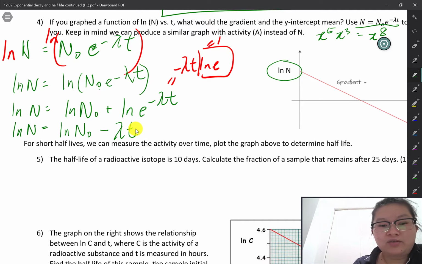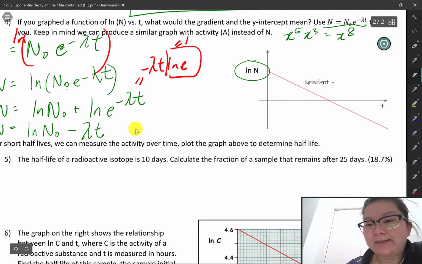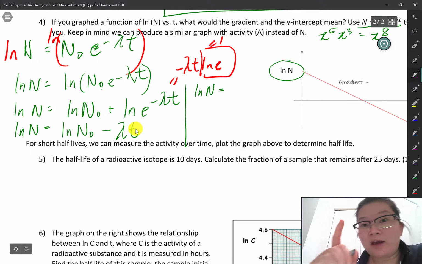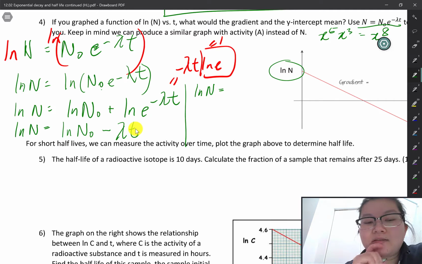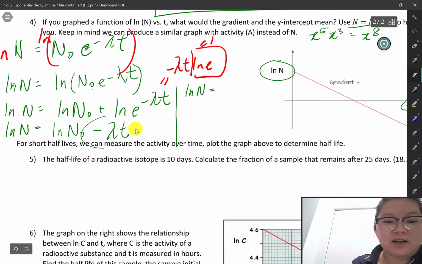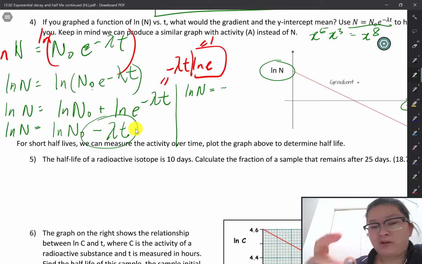What we want to do now is compare this to y equals mx plus b, since that's essentially what we're going for. Let me rewrite this here to show the comparison. I'm going to write ln of N, which is essentially my y. Since the x-axis is time, I'm going to move this term to the front to match the mx plus b format.